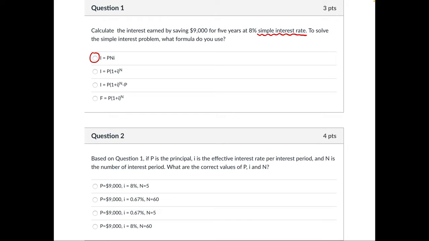So I is 8%, and it's compounded yearly, so the number of years will be the number of compounding periods. So N is 5. So the answer is P is 9,000, I is 8%, N is 5.